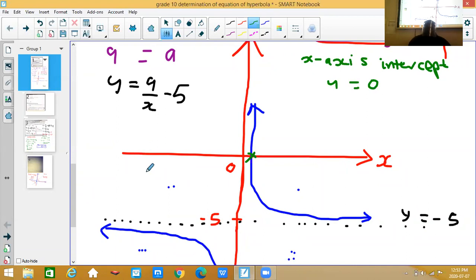Let us go on to our equation. In the position of this y, what do we plug in there? We put in a 0, right? So it was going to give us 0 is equal to 9 over x minus 5. We want to make x the subject of the formula.